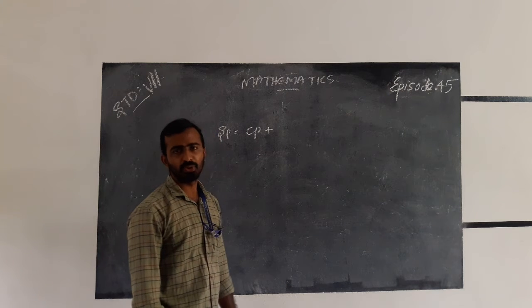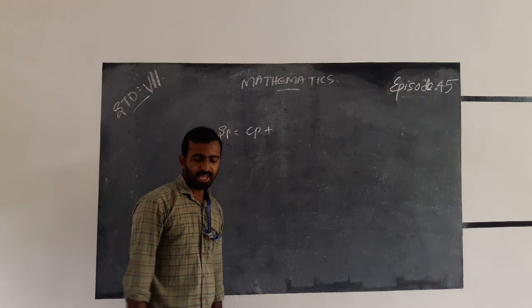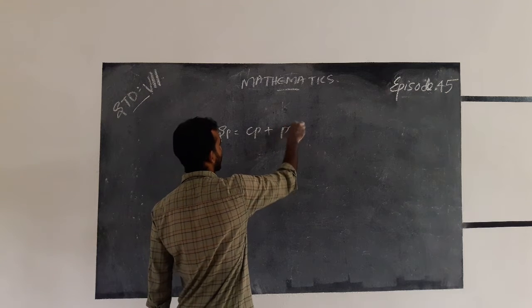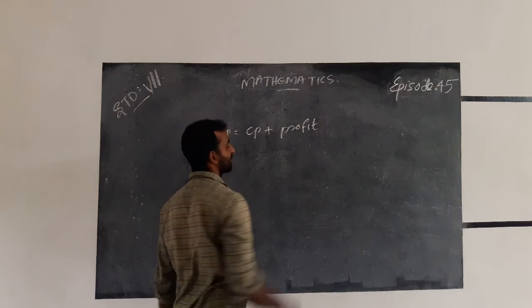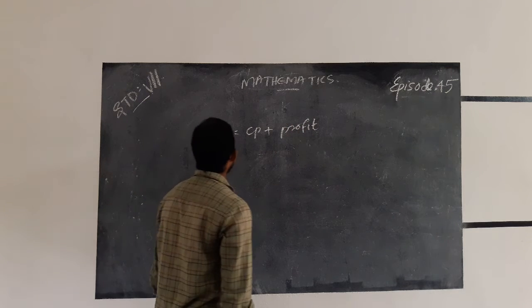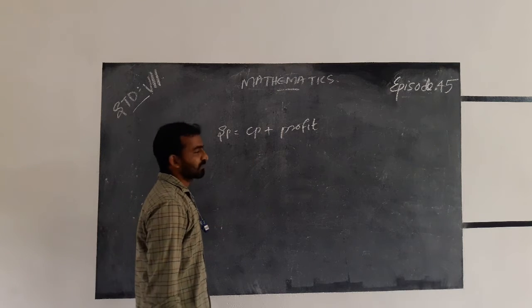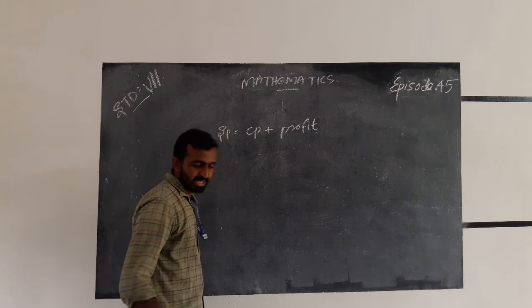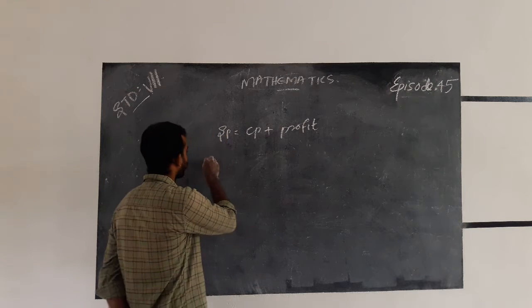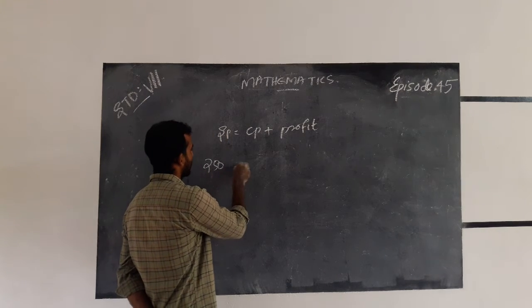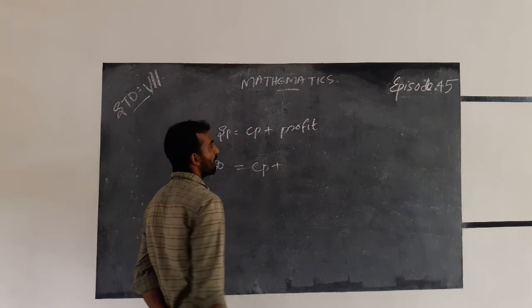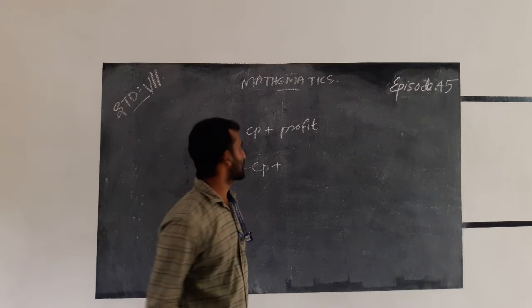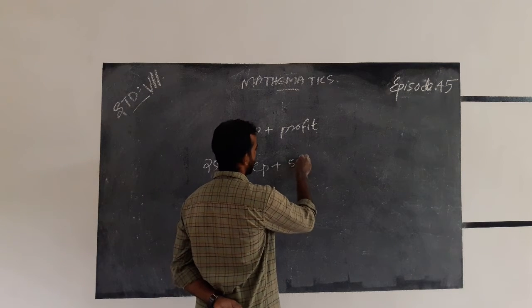Gain means a percentage of CP. Yes. That is, SP equals CP plus profit. Here SP is 250, equal to CP plus profit, which is 5% of CP.